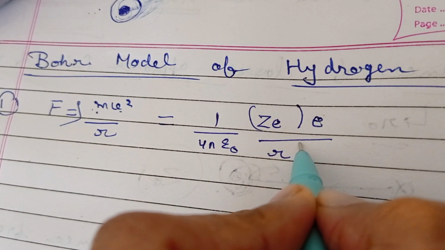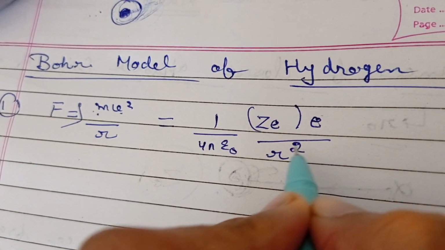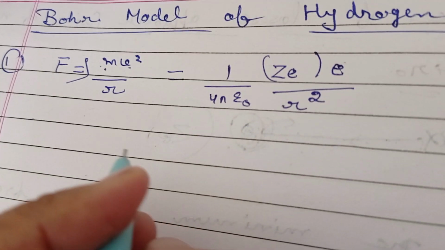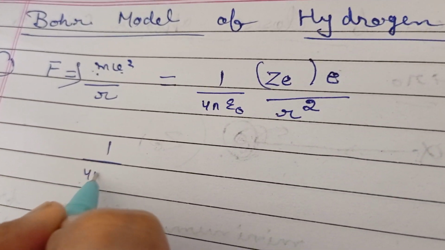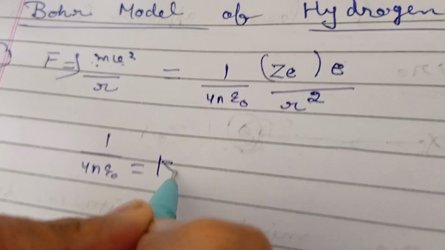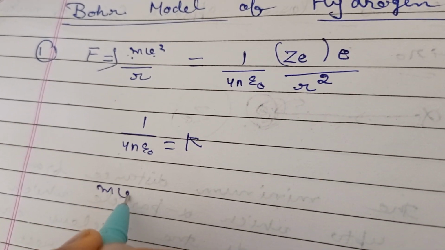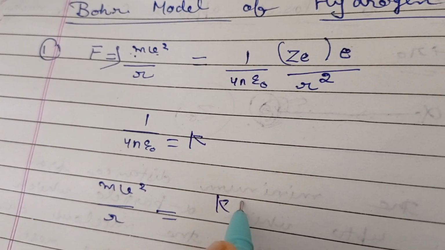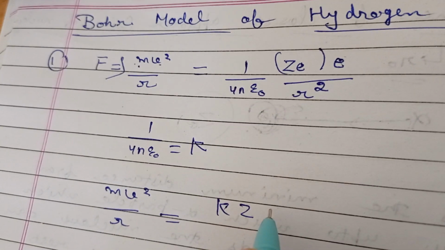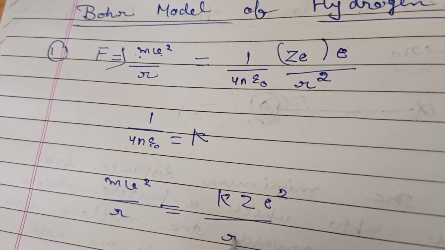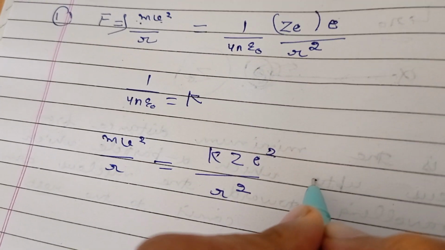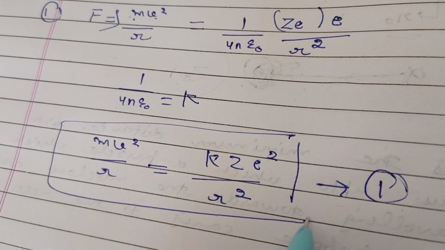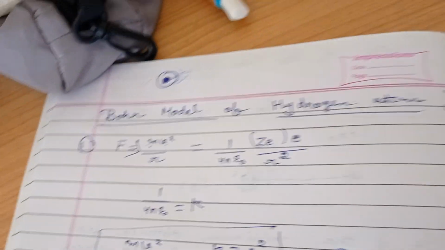For example, if the distance is r, it is r². You can write 1/(4πε₀) as k, so I am rewriting the expression: mv²/r = kZe²/r². Write this equation as 1. It is the first postulate of the Bohr model.